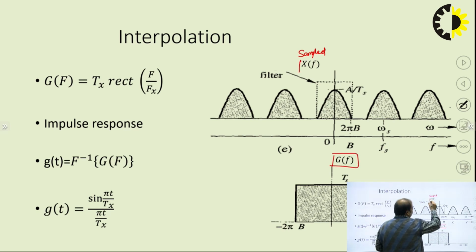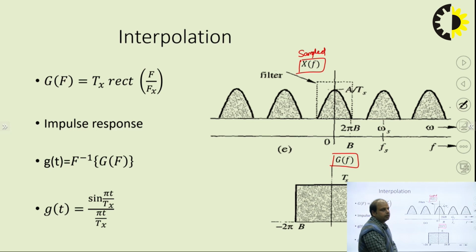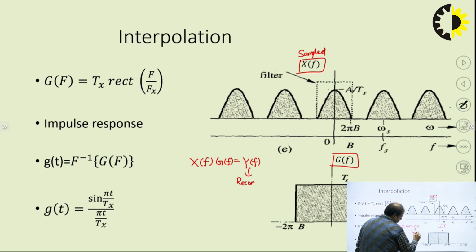These both are actually manifestations in the frequency domain. So if I multiply X(f) with G(f), I get, suppose, Y(f). This is the reconstructed signal.